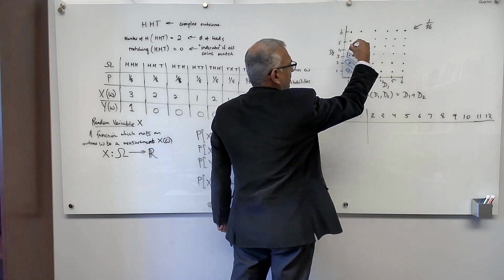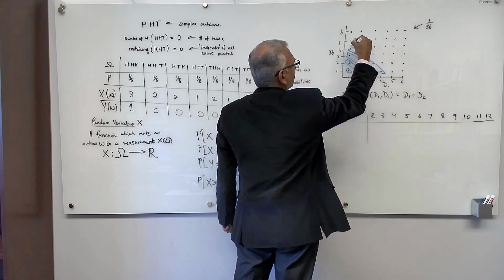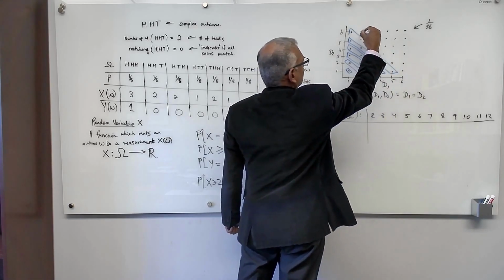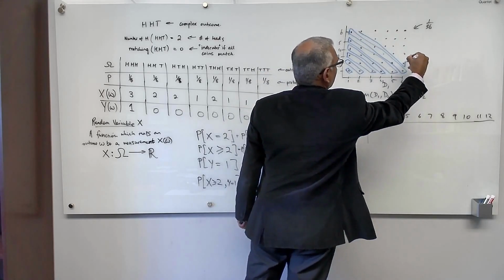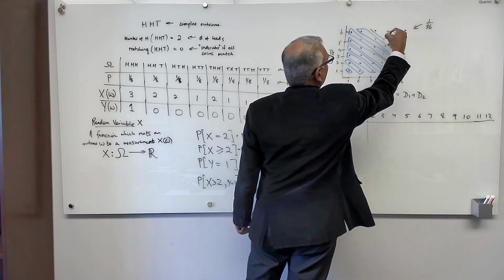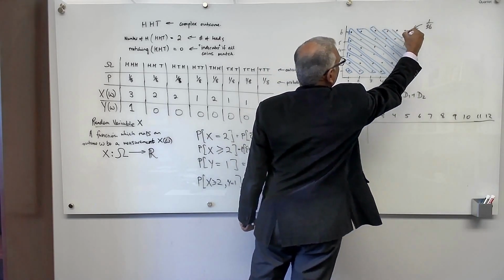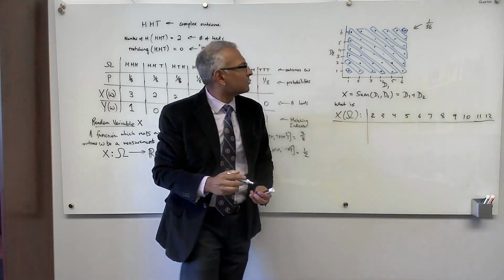Rolling this is 4, this is 5, this is the sum 5, sum 6, sum 7, 8, 9, 10, 11, and 12. Okay, so those are the events.